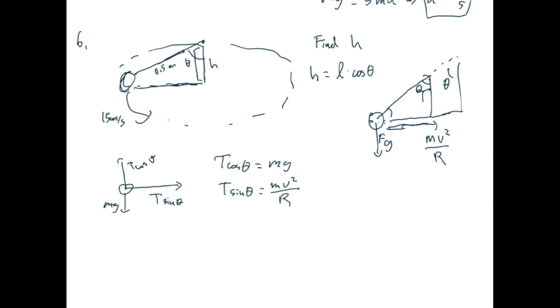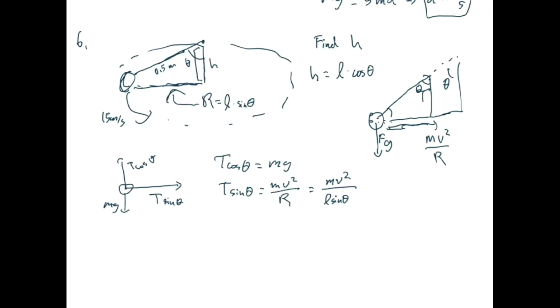Okay, but what is r? R is not actually the length of the string, but r is this distance here. This is r, which is the length of the string times the sine of theta. So what this is, is mv squared over L sine theta. Okay, now we have these two equations which have two unknowns, and we want to solve for theta.